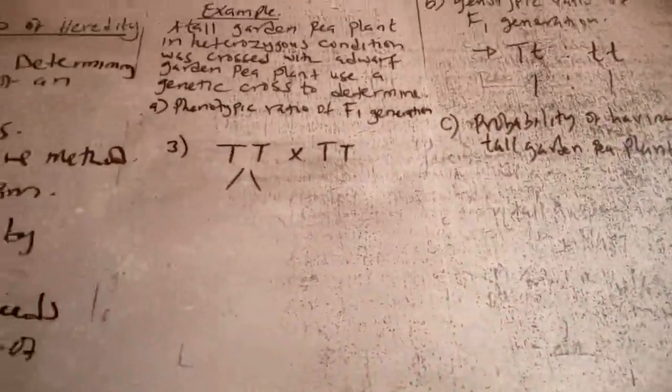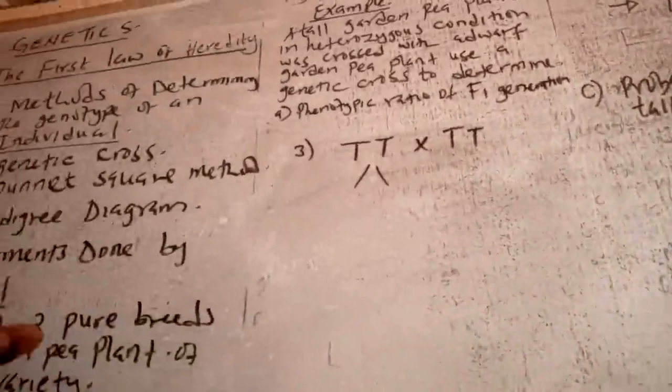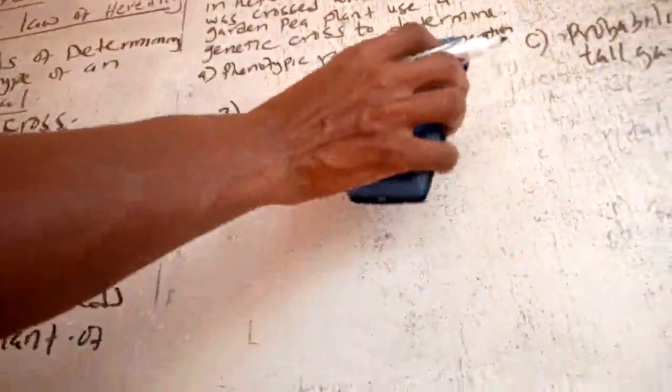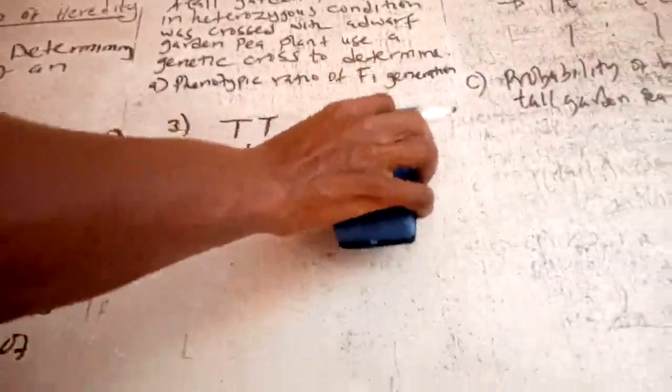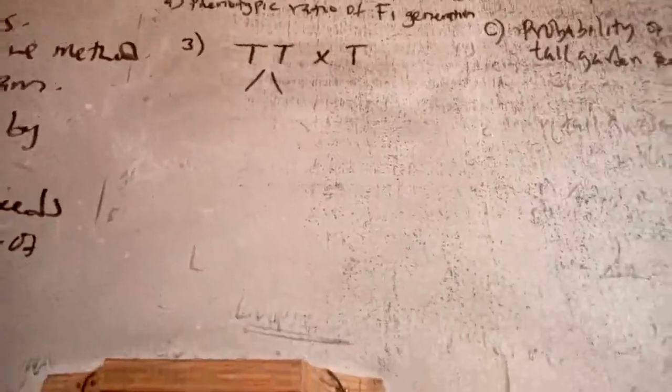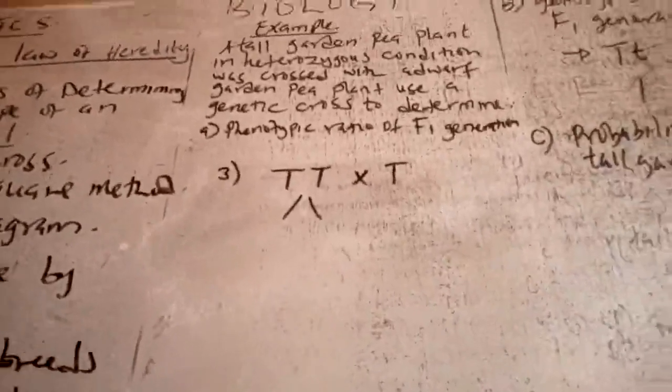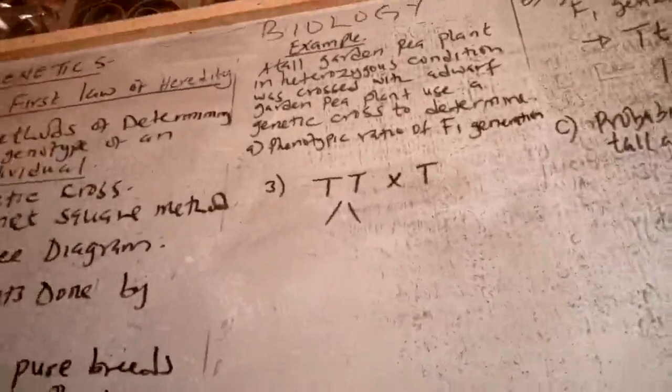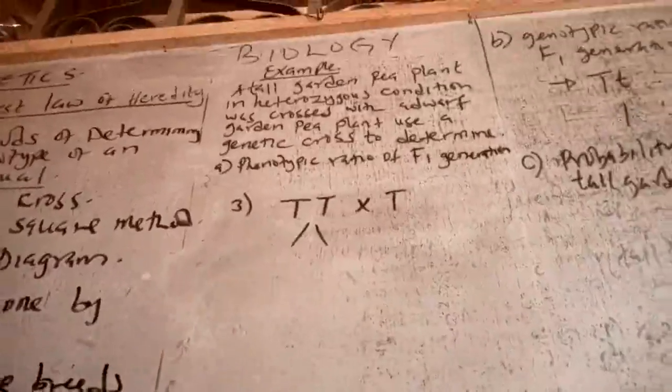Observe that he obtained only tall. In the second experiment, I said he used 2 heterozygous crosses. That is, one was heterozygous for the tallness, and the second one was also heterozygous.